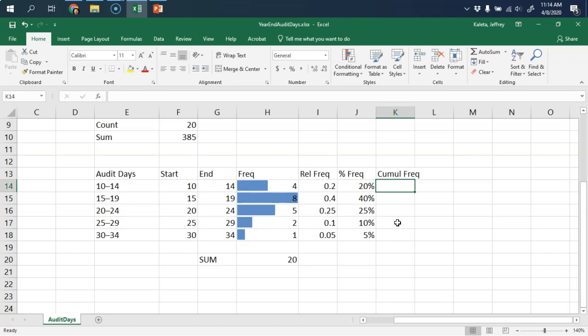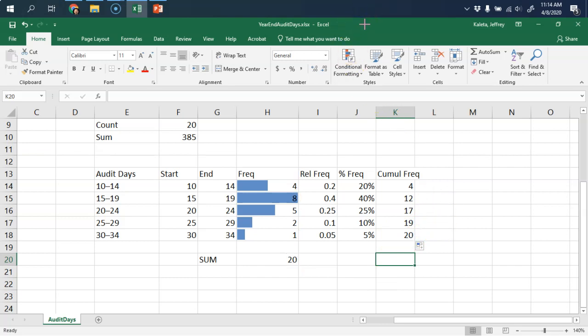This is nothing more than the first bin adding to the bin before it. Since there's nothing to add before it, I'm just going to leave that as is. This is equal to the second bin adding to the one before it, and so on and so forth. What ends up happening is that this is an accumulation of the values here, and this number, which was the sum, should be the last number here.